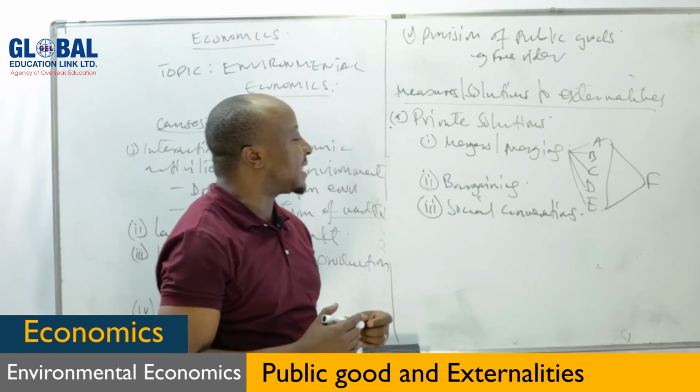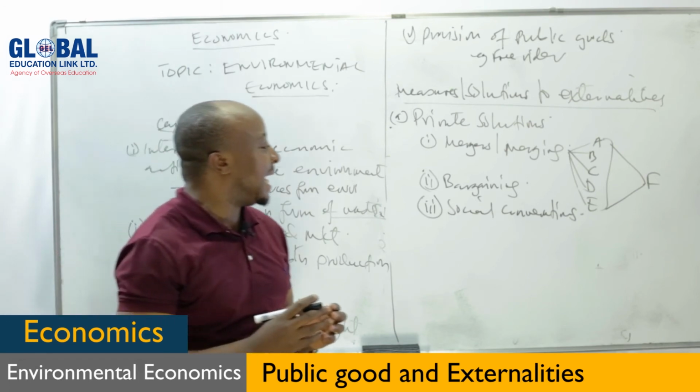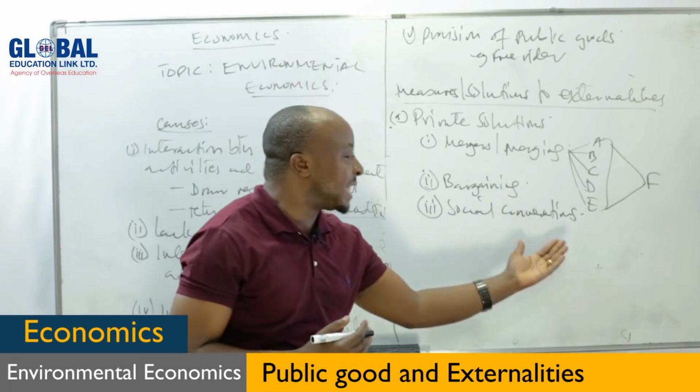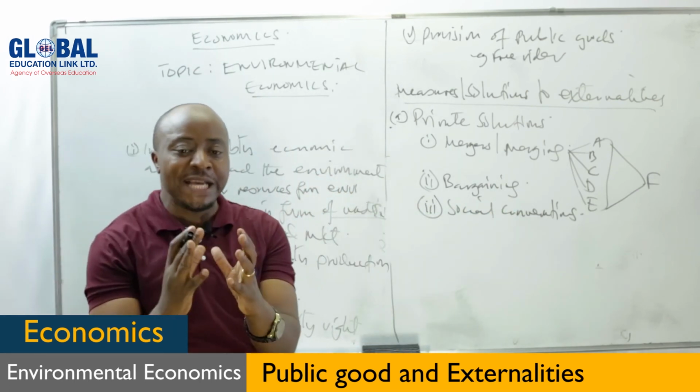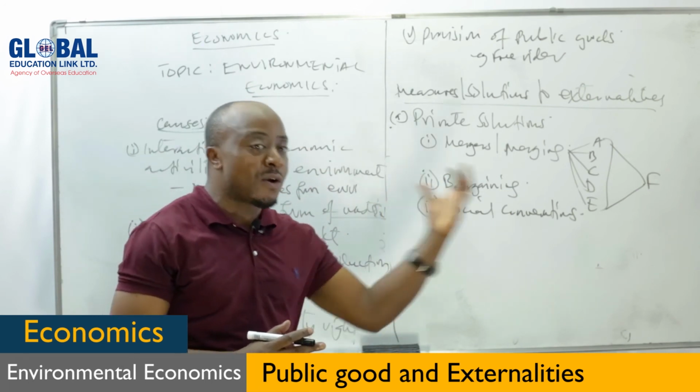Social conventions are like an education-based idea, where people should be educated on the importance of preserving the environment. For example, some people pollute the environment because they don't know the role of the environment.